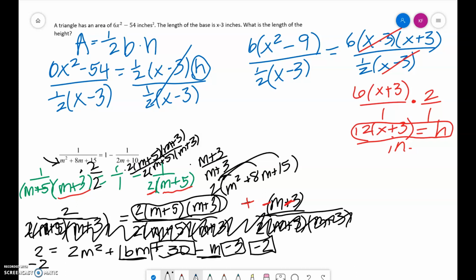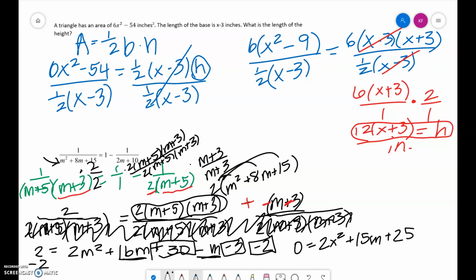And so we should get 0 equals 2x squared plus 15m, because we subtracted 1m from 16m. And when we combine all of our constants, we have 30 minus 3 would be 27, minus 2 would be 25, positive.